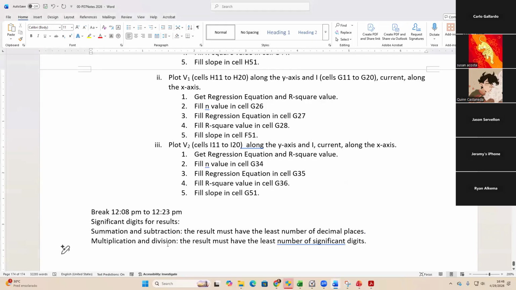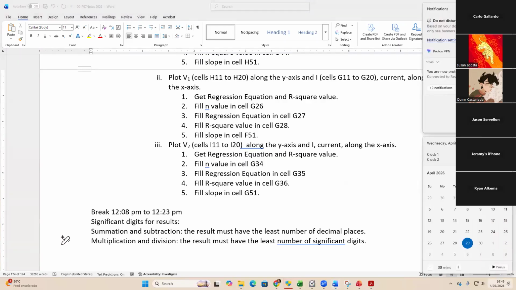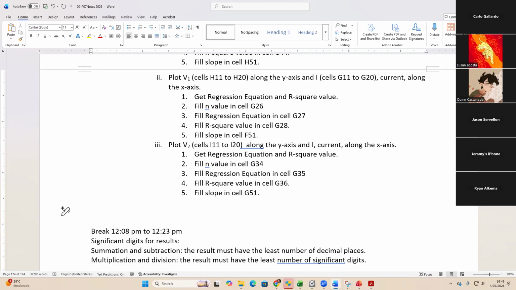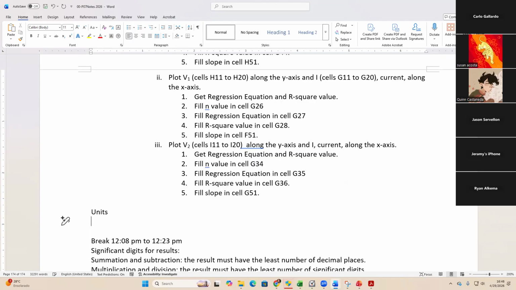Let's schedule this lab due for May 6th. Lab 5 due May 6th. So units, sig figs.